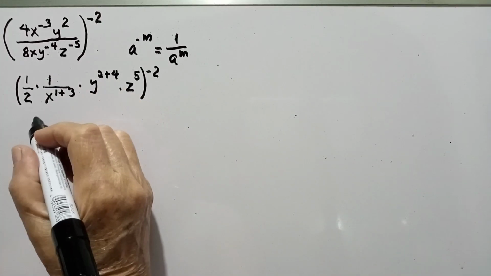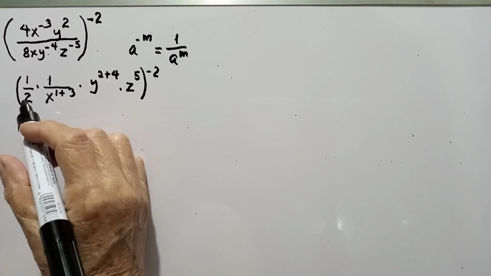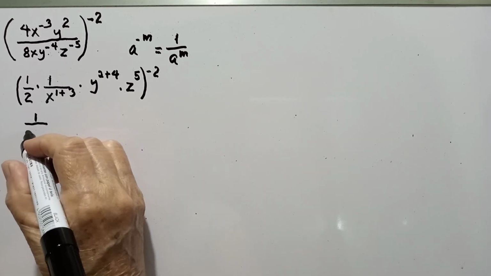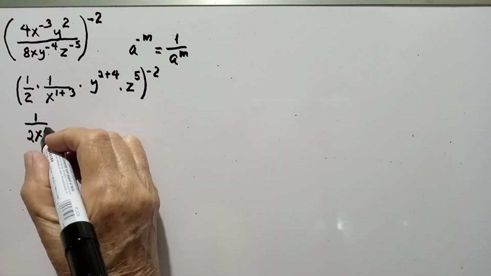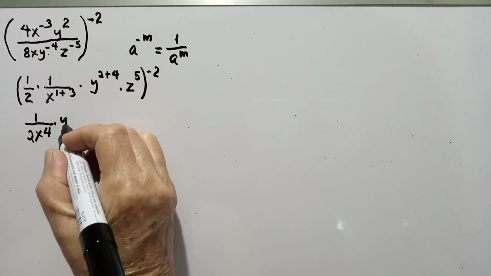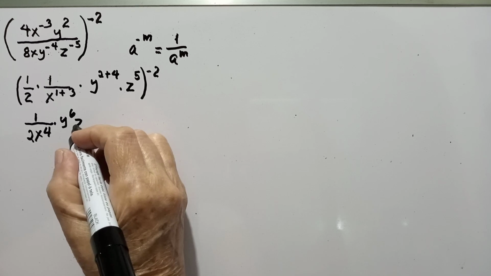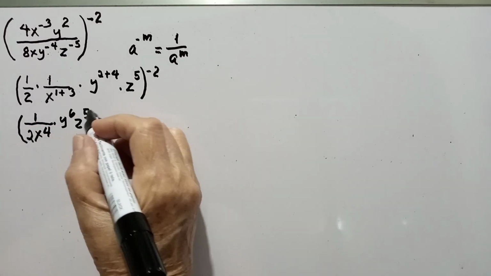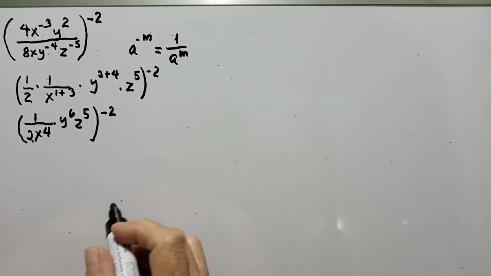So we have 1 over 2x to the 1 plus 3, that would be 2x to the 4th, times y to the 2 plus 4, 6, z to the 5, raised to the negative 2 power.